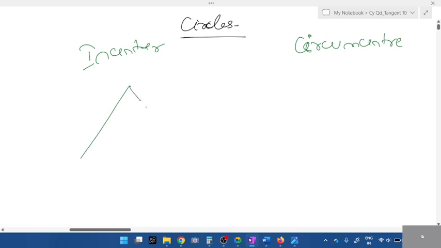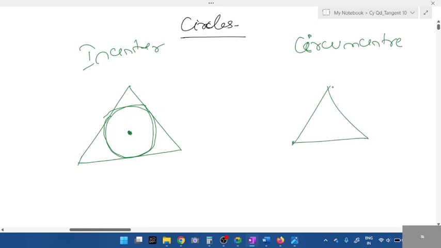Whenever a circle is inside a triangle, we call it the in center. The center will be the same for both, for the triangle as well as the circle. Circumcenter is a triangle on top of this. If a circle is drawn, this is known as circumcenter.